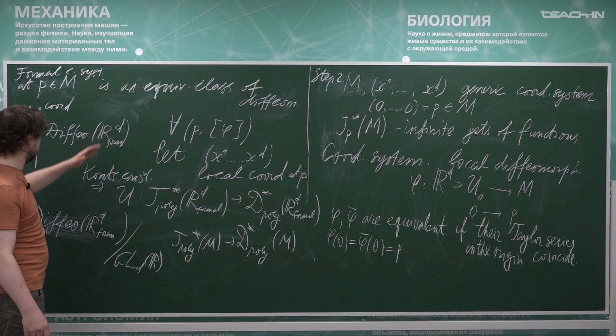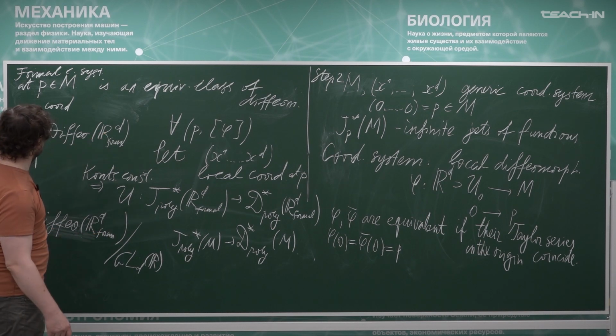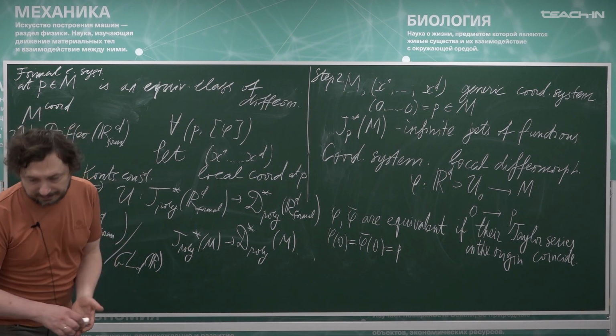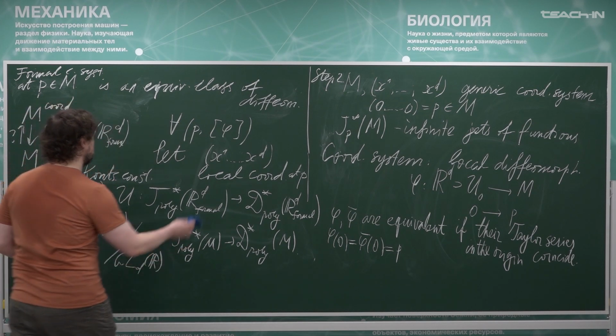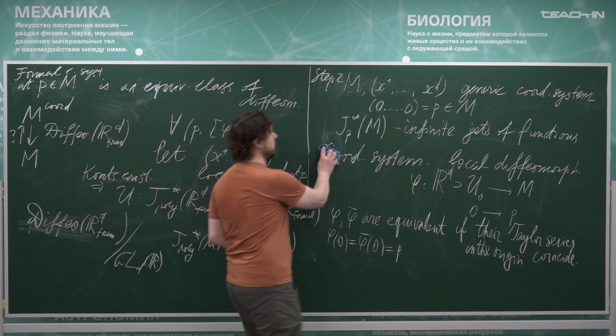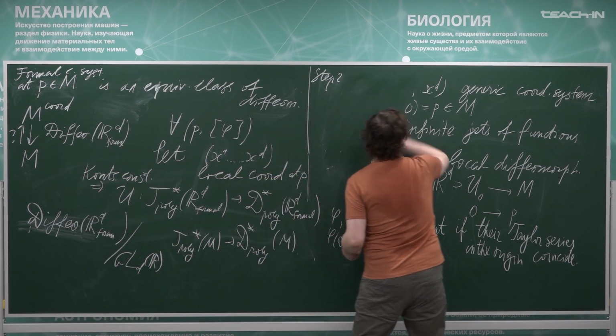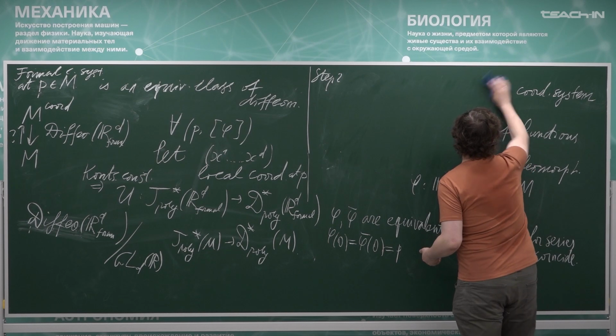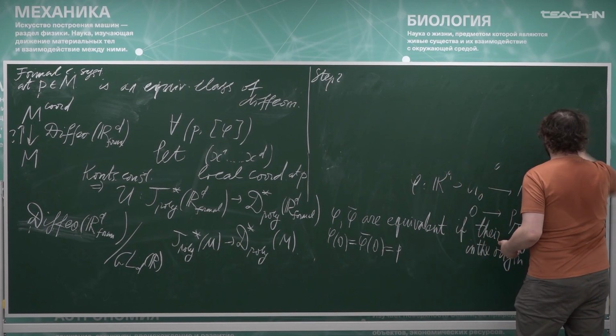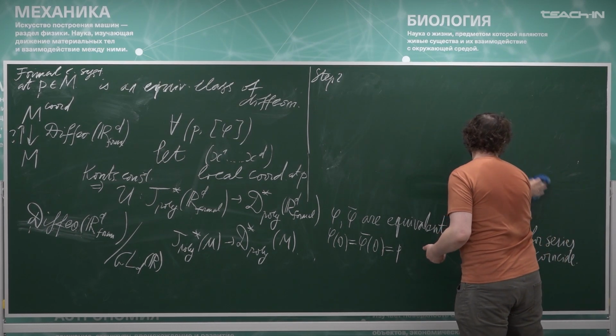So we can quotient out the action of this group, and this will give us another fiber bundle, which is called the bundle of affine coordinate systems.